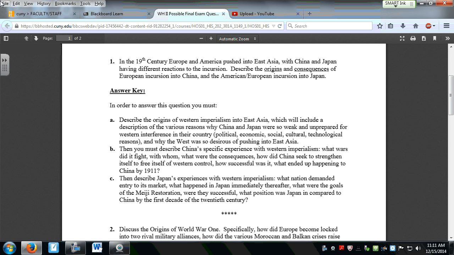China did attempt to modernize itself, to strengthen itself, to regain its independence. What was that movement called? How successful was it?